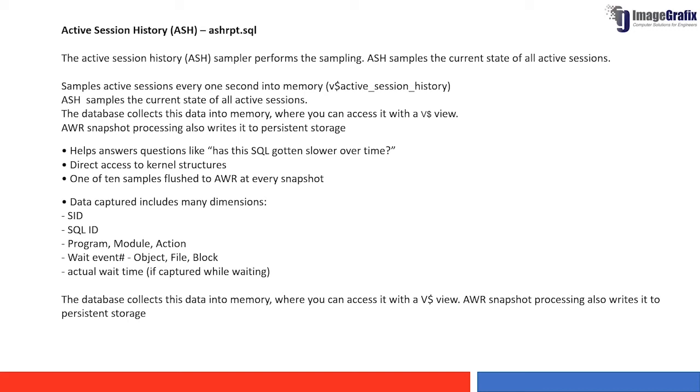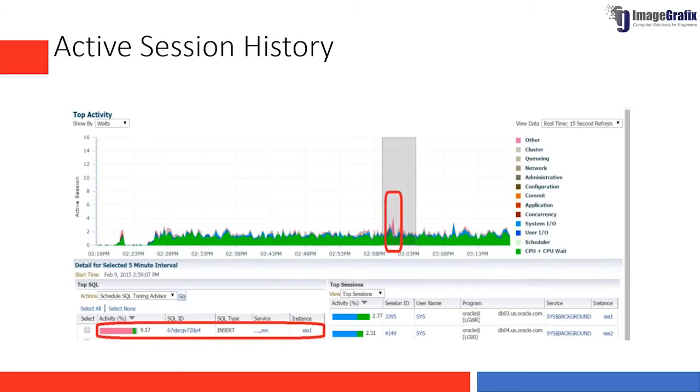The database collects this data into the memory. As mentioned earlier, you can access it using a V$ view. And the AWR snapshot processing also writes it to the persistent storage. This is a snapshot of the active session history.